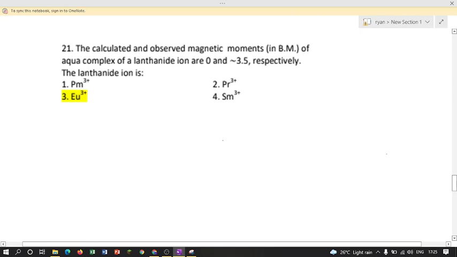This question I have taken from 2017 June. Here the question is, the calculated and observed magnetic moments of an aqueous complex of a lanthanide ion are 0 and 3.5 respectively. The lanthanide ion is? This is quite easy to understand. This is F6 configuration.